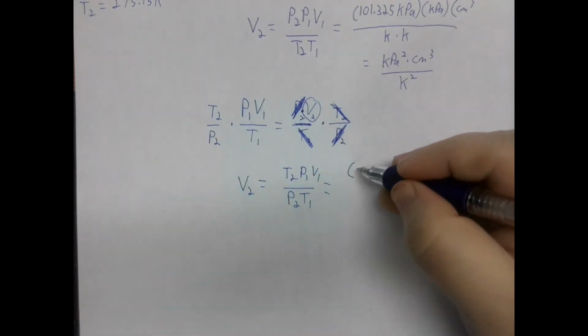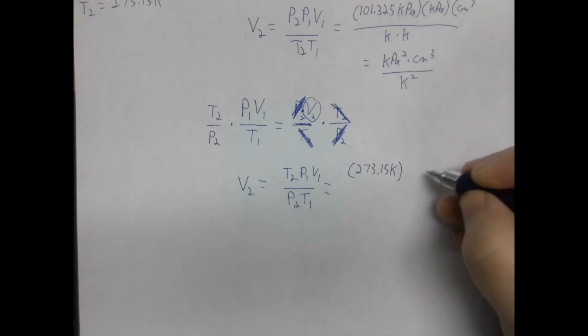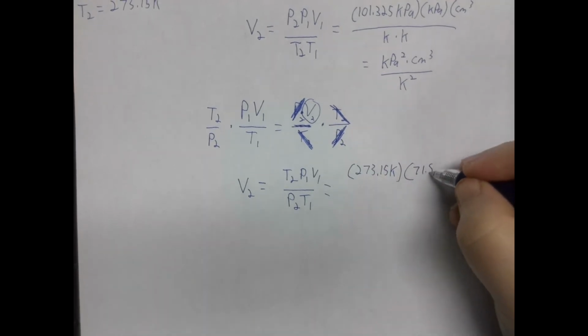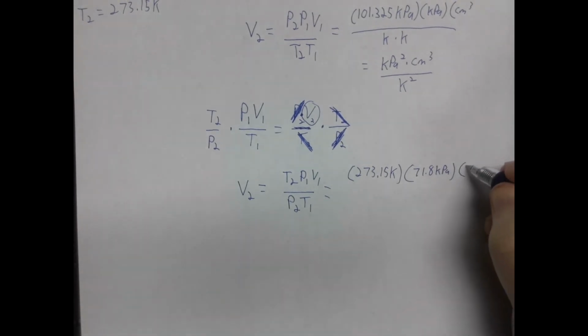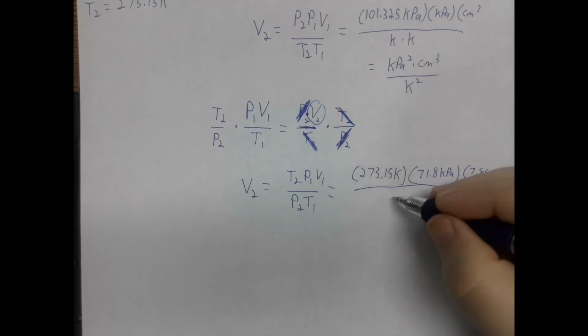I can now take the values. T2 was 273.15 Kelvin. P1 was 71.8 kilopascals. And V1 was 7.84 cm3 divided by P2.